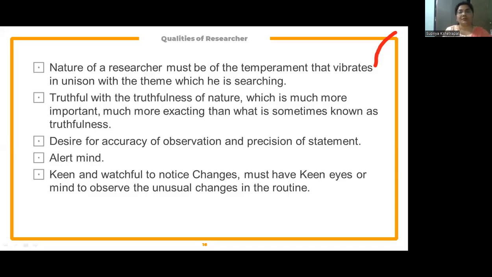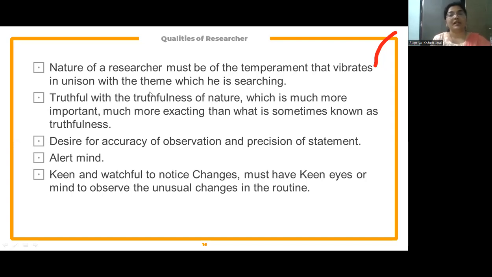Now, what should be the quality of a researcher? Those of you from the science department are very familiar with it, because you have already performed so many experiments. And those who are supposed to pursue their PhD must acquire these qualities, because the nature of the researcher should be a temperament that vibrates in unison with the theme he is searching.